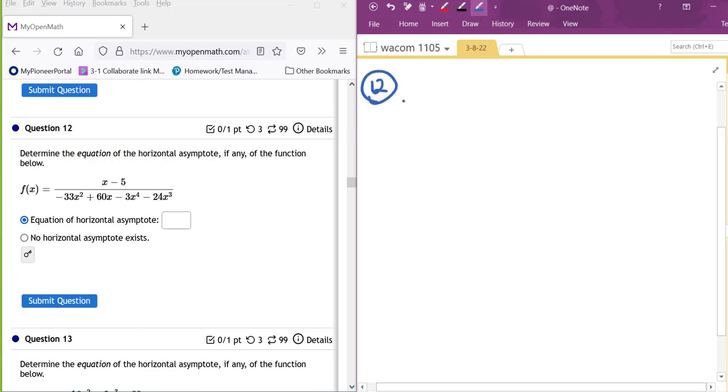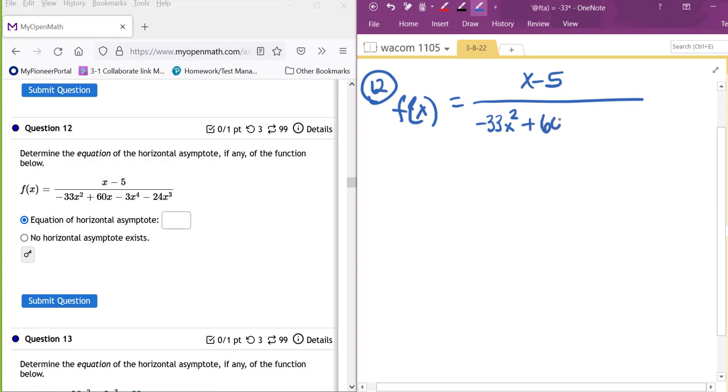12. These will be faster for you to do than they are for me because you don't really have to write it. All you care about is degree.